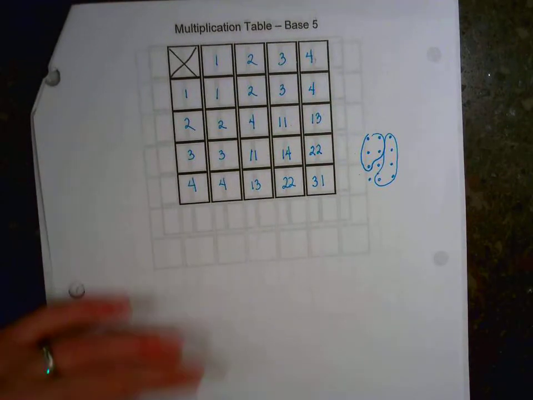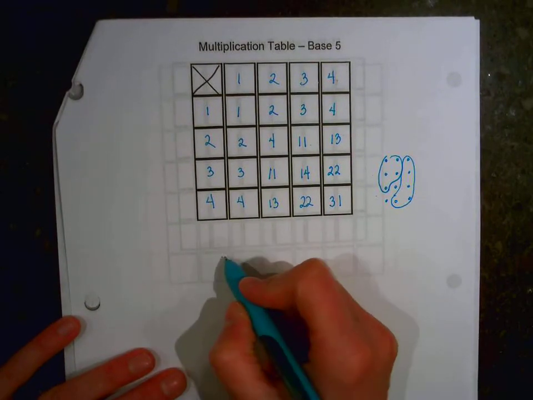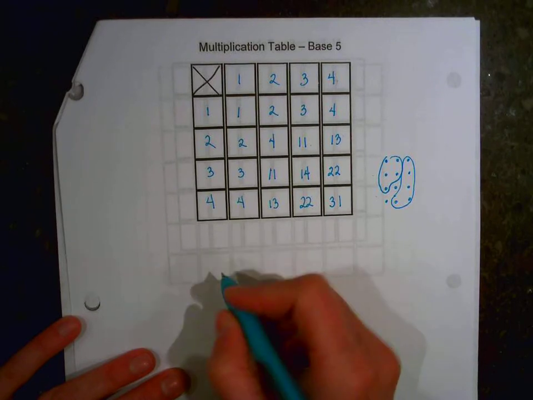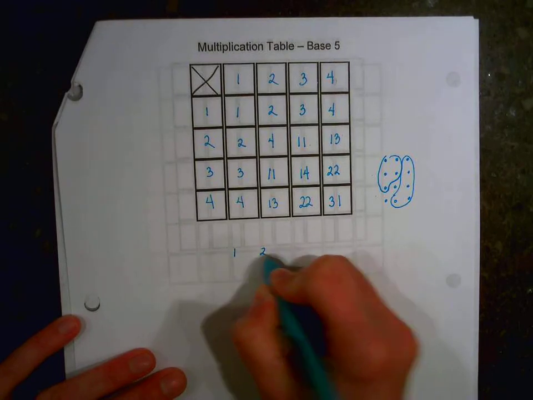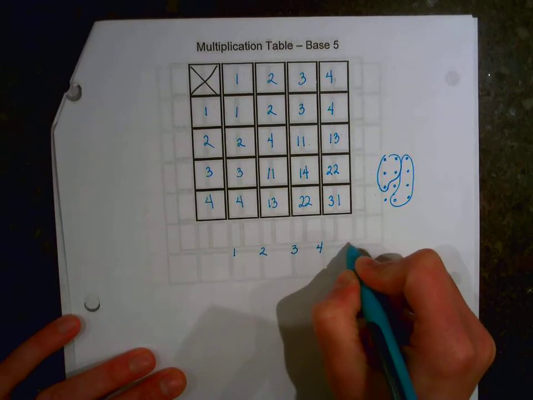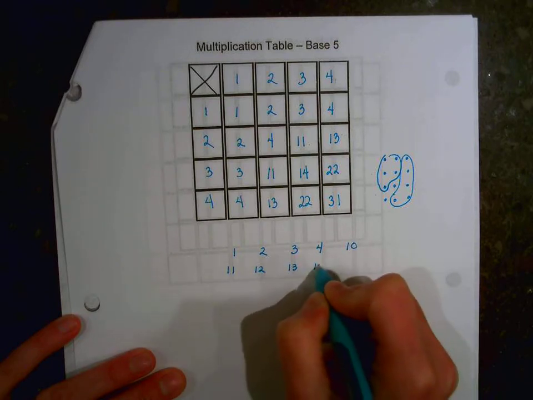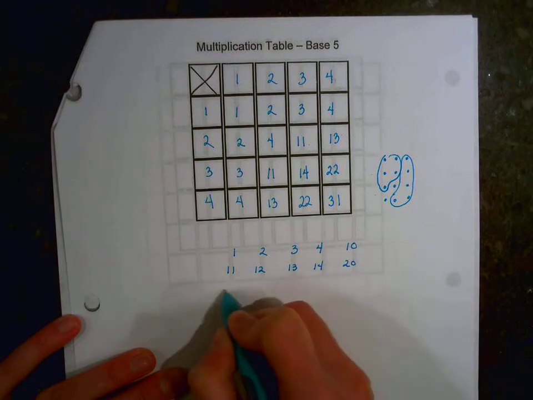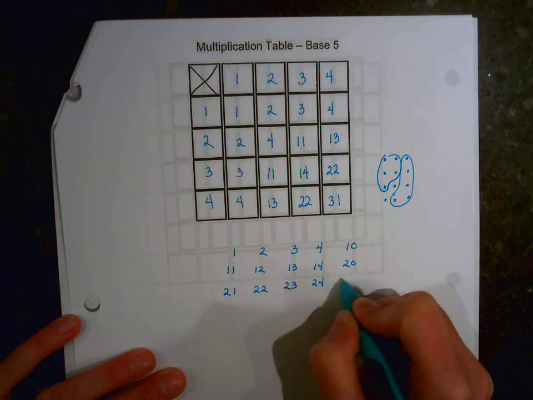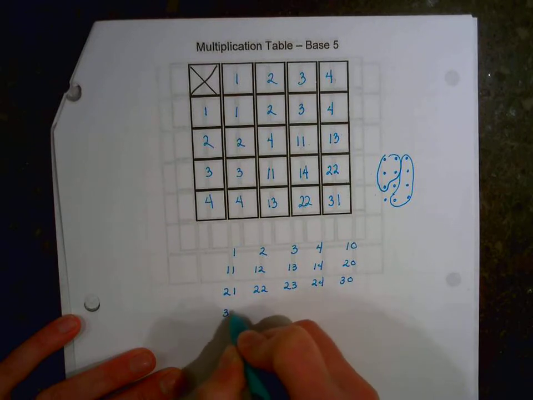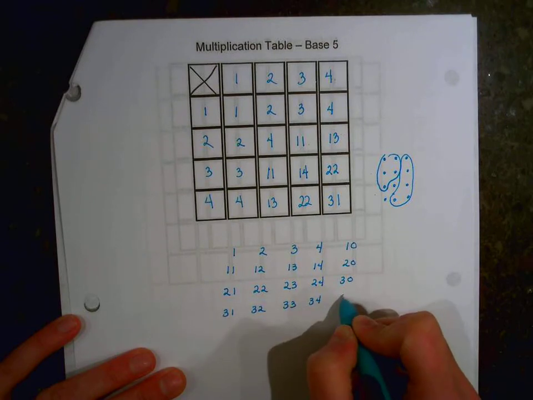Another way you can do these is that you can just start counting in whatever base you're in. This is a little bit more helpful for bigger bases, but I'm just going to show you the basics right now. So if I were to count in base 5, it would be 1, 2, 3, 4, 10, 11, 12, 13, 14, 20, 21, 22, 23, 24, 30, 31, 32, 33, 34, 40.